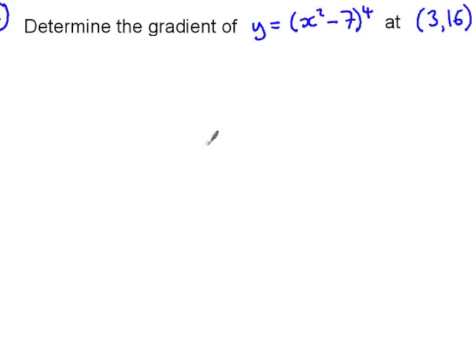Let's finish up with an example where we're using differentiation to find the gradient of a function at a particular point. So as always, when we're looking for the gradient, we need to differentiate the function, and for this we can use that special case of the chain rule.